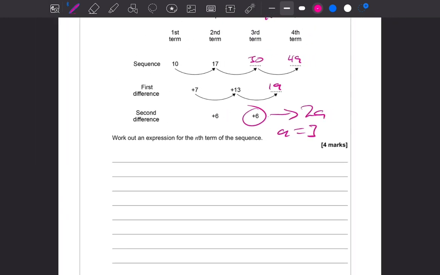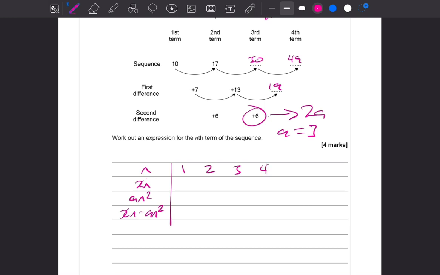So what we'll do now is build a little table. We'll have n, xn, an squared, and then xn minus an squared. So n, these are the positions: 1, 2, 3, 4.